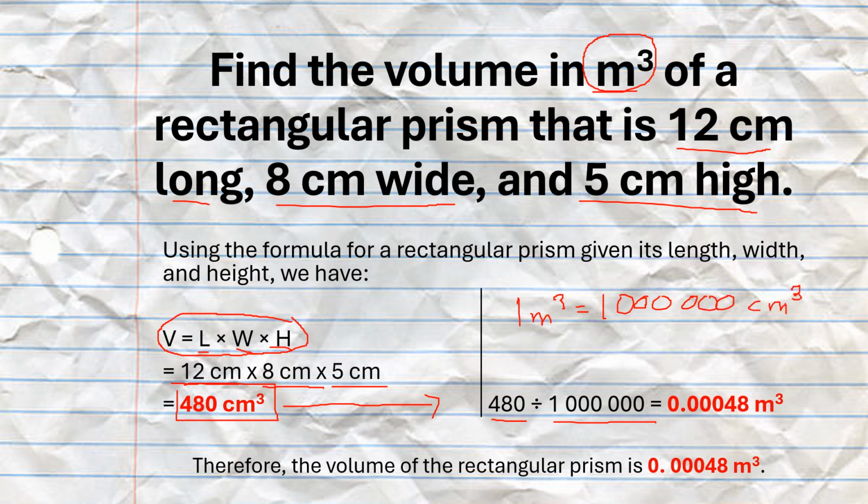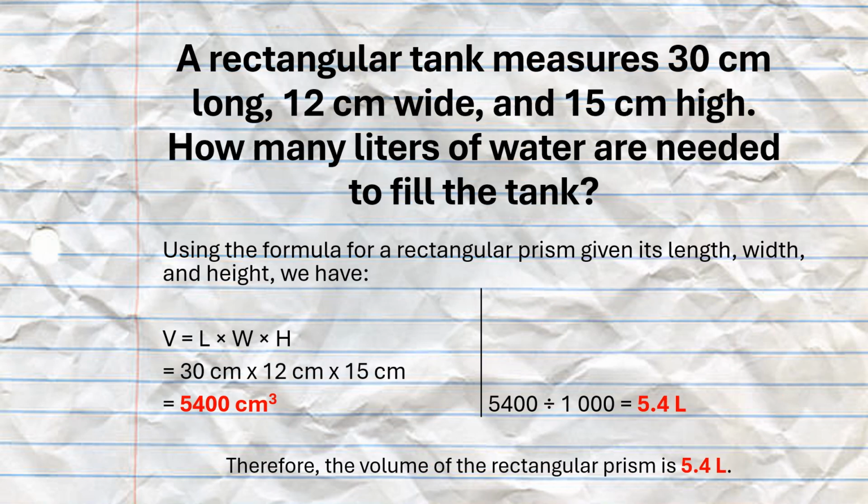So 480 divided by 1 million is 0.00048 cubic meter. So therefore, the volume of the rectangular prism in cubic meters is 0.00048.